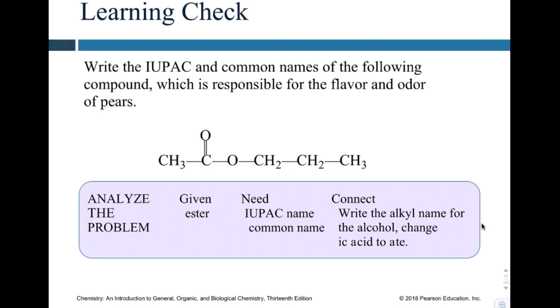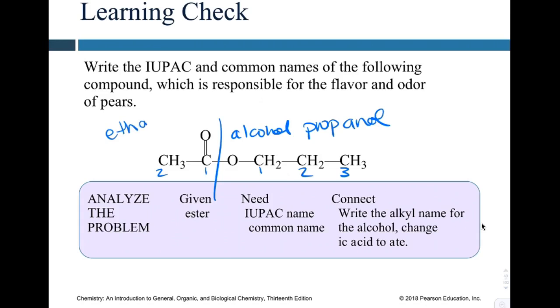Did you find the place where it shifts or it splits? Right there. Between your carbonyl and your kind of ether section. So over here we got our alcohol section. And the alcohol is 1, 2, 3, which is propanol. And we got 1, 2, and this is, you remember?